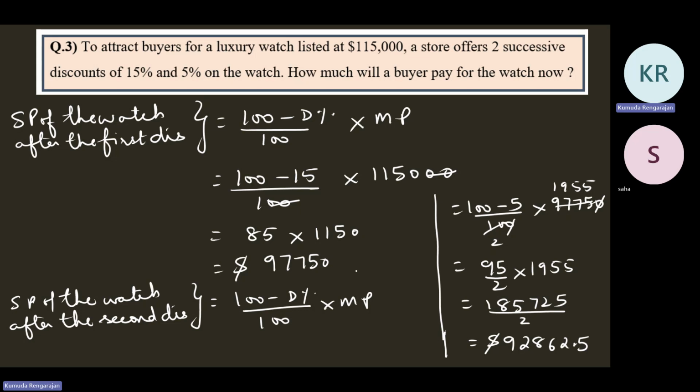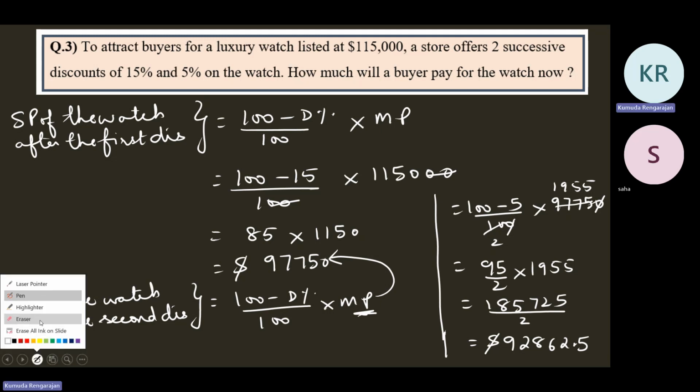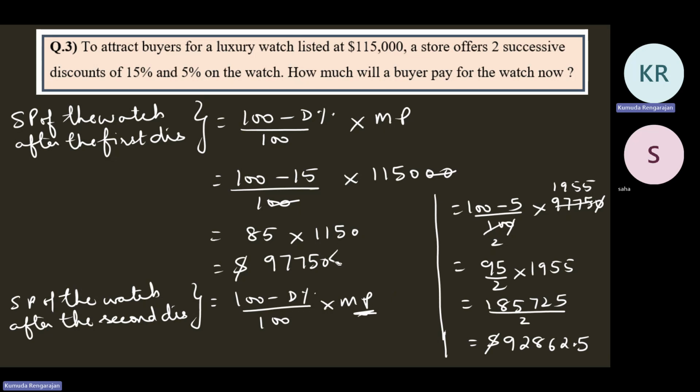So there's another discount of 5%. So selling price of the watch after the second discount will be (100 minus D%) by 100 into MP. And what's the MP here? This one. The selling price becomes the MP for the next step. Then she's substituting the values in the formula.